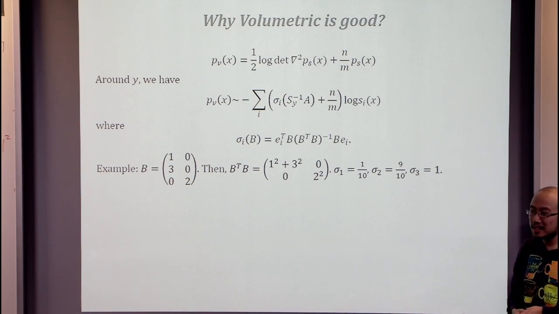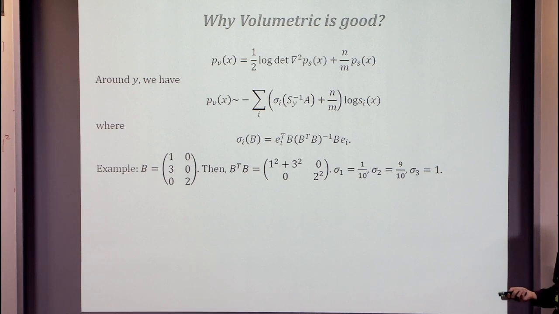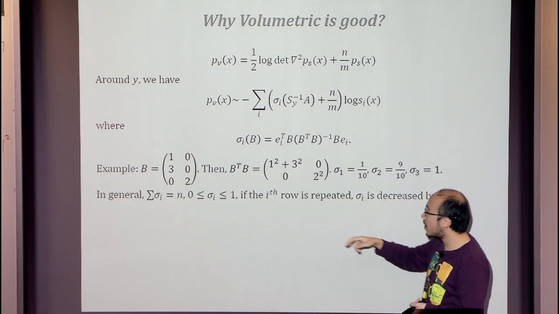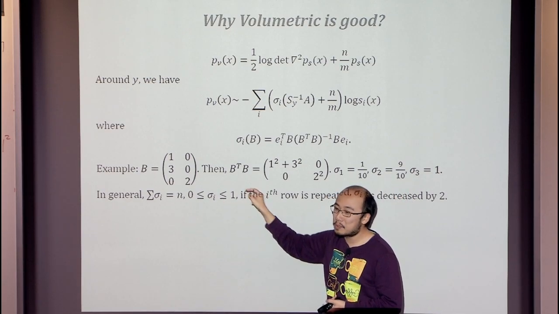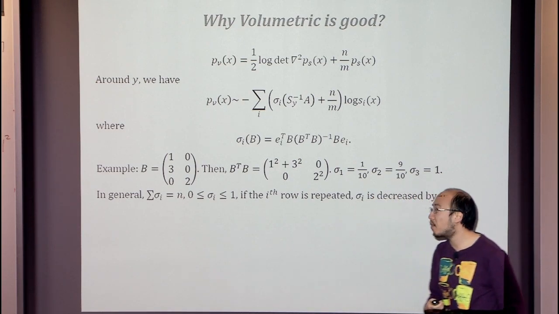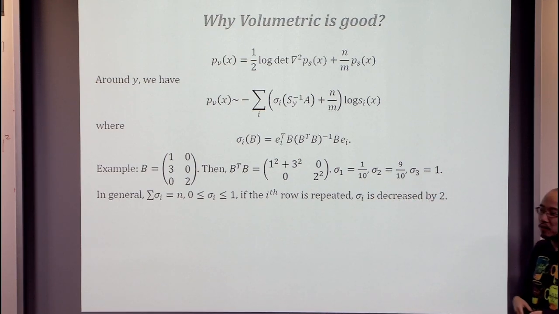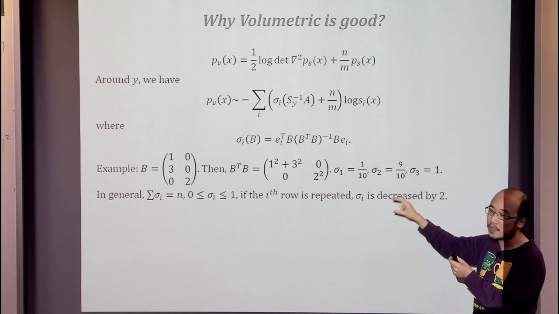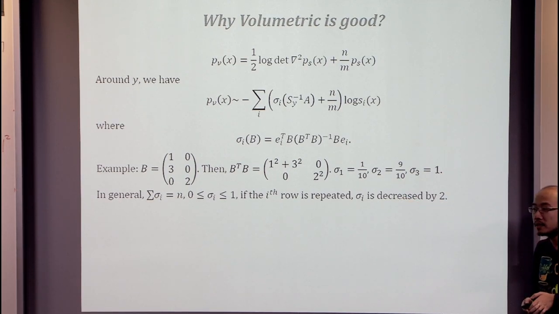For example, like this. In general, we know the leverage score sigma is always between 0 and 1, and the sum of the leverage scores is the number of variables. And whenever you repeat a certain constraint k times, then the leverage score of that constraint will decrease by k.